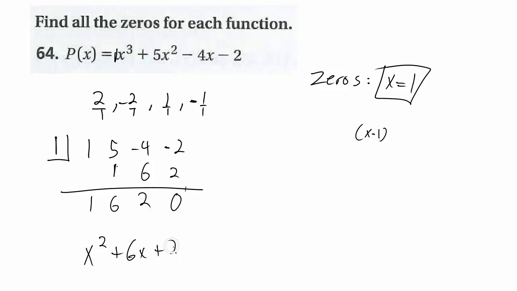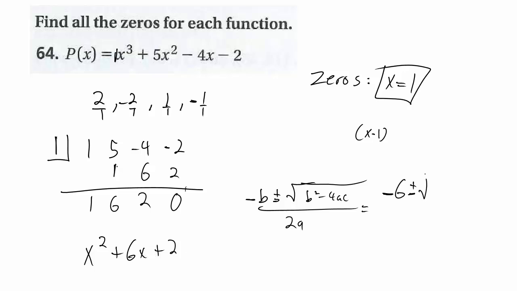But instead of doing that, I already have a quadratic. Let's use the quadratic formula: negative b plus or minus the square root of b squared minus 4ac all over 2a. So I'm going to plug that into the quadratic formula. In this case, my b is 6. That's negative 6 plus or minus the square root of b squared, which would be 36, minus 4. The a is 1. The c is going to be 2.